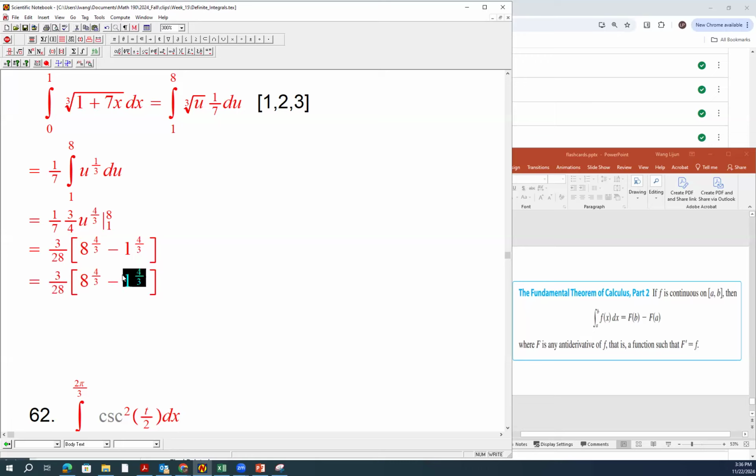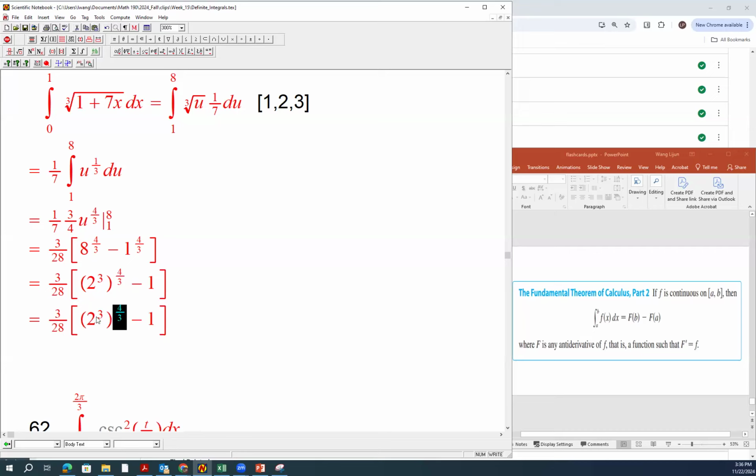Simplifying, this is 1. And 8 is equal to 2 to the power of 3. Let me write it this way: 2 to the power of 3, and then power 4/3, and that's going to make 2 to the power of 4.